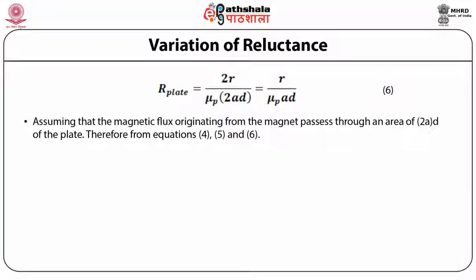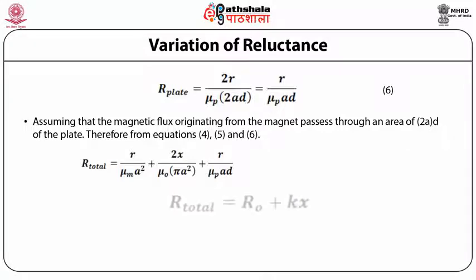Therefore, from equations 4, 5 and 6, we get R total equal to R by mu m a square plus 2x by mu naught pi a square plus R by mu p ad, which is equal to R by a multiplied by, in brackets, 1 by mu m a plus 1 by mu p d, plus 2x by mu naught pi a square.